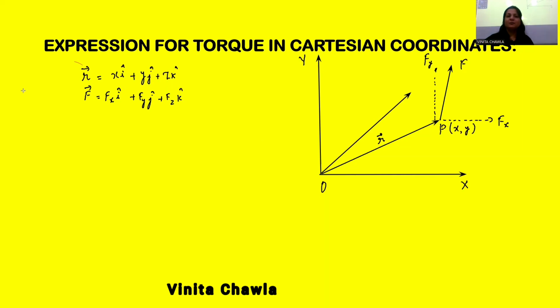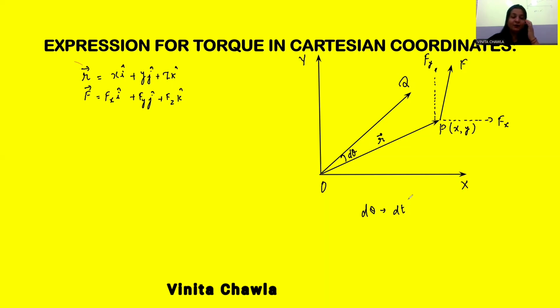Suppose after some time, particle goes to point Q. It reaches point Q, and this is the angular displacement of the particle during this time interval. So in time interval dt, particle displaces by an angle d theta.